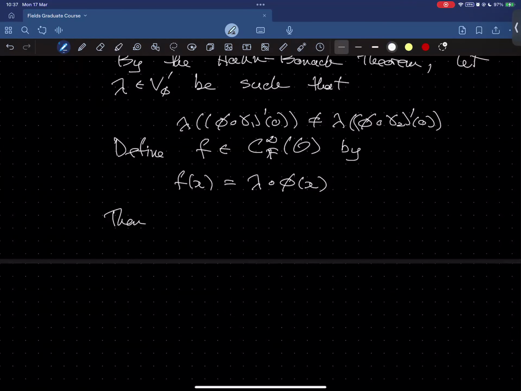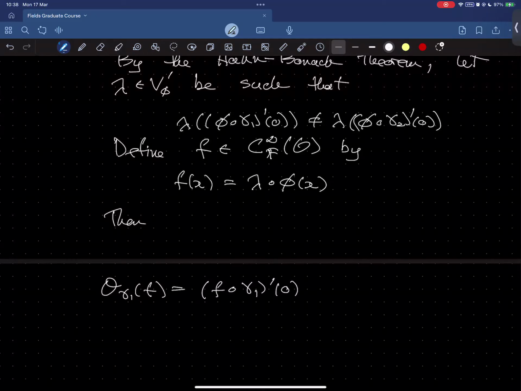So, theta gamma 1 of f. The definition of theta is that this is f composed with gamma 1 prime at 0.